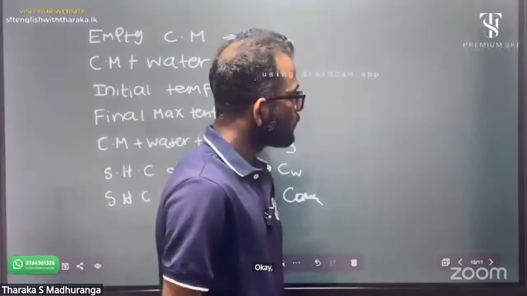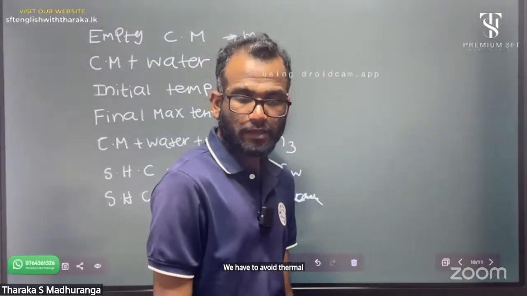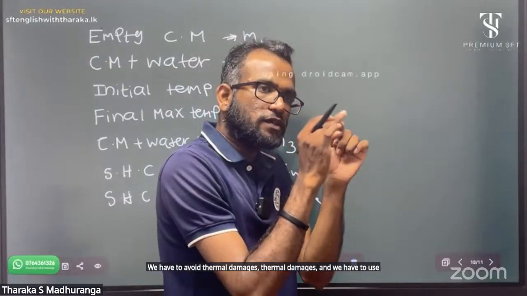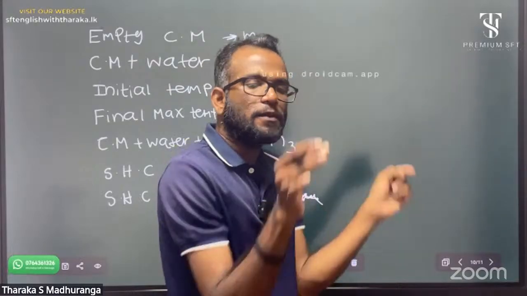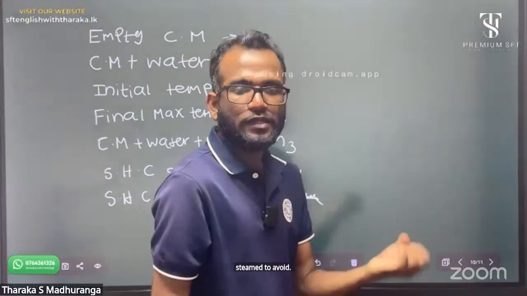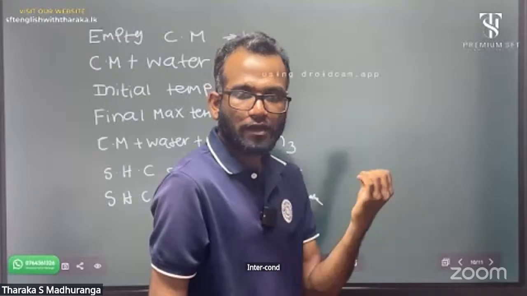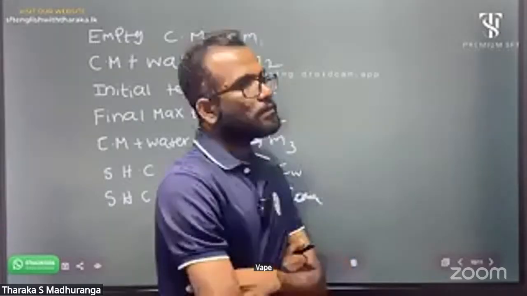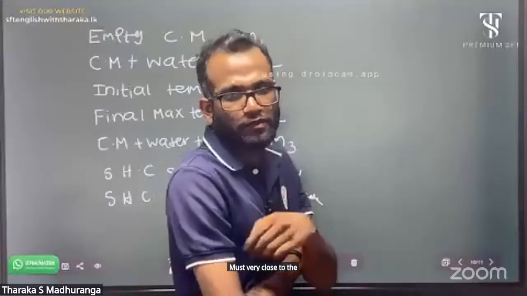In this experiment also we have to avoid thermal damage, and we have to use a steam trap to prevent condensed water from entering the calorimeter. And this vapor supply tube must be very close to the water surface.